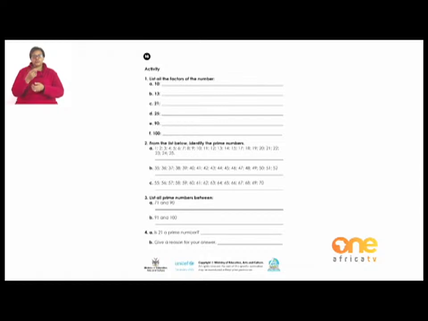The following, from the list below, identify the prime numbers. There are numbers listed there from 1 until 25. You only need to choose which numbers are prime numbers, and then you write them on the space provided. You do the same with B and also with C.